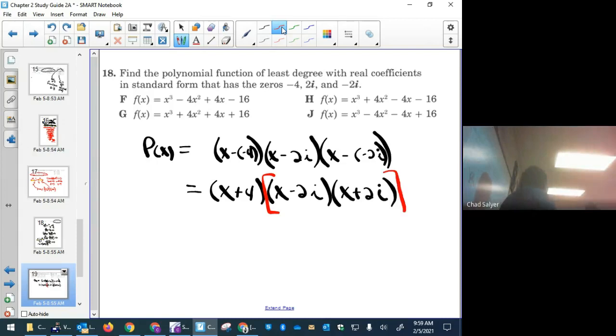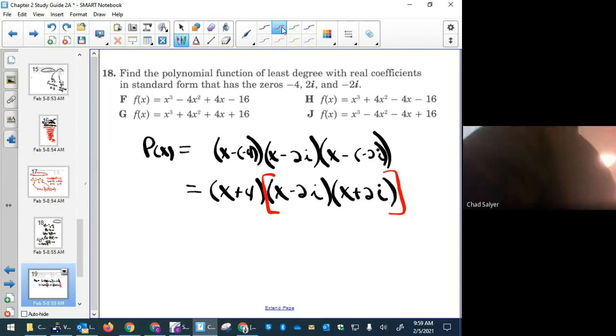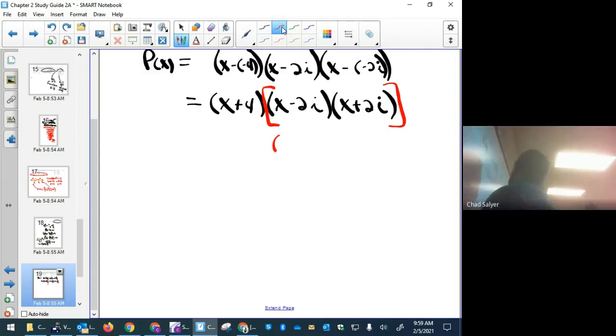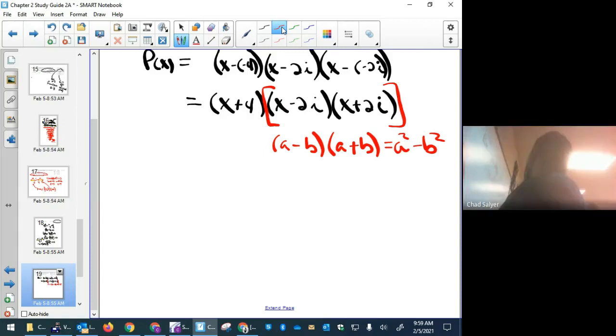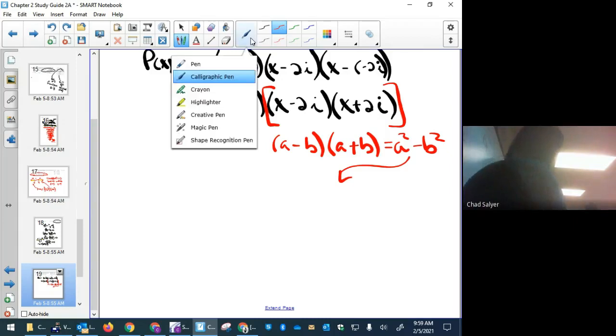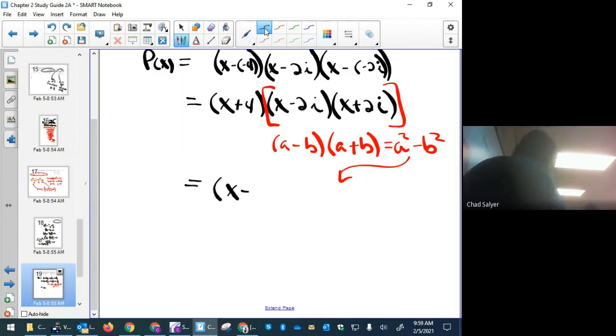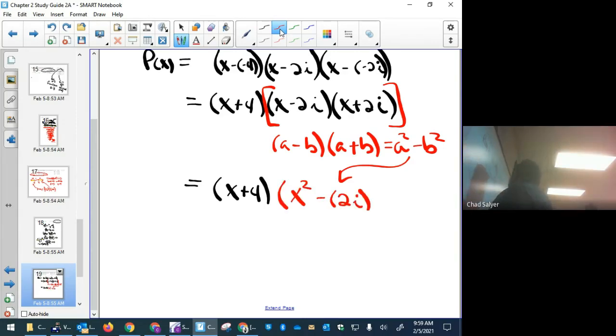So I'm going to choose to multiply these rightmost two factors together first because they've got a certain pattern. Do you remember that a minus b times a plus b is a squared minus b squared? That's the formula from algebra 2. So I'm going to use that shortcut to rewrite that term. This is going to be x squared minus 2i squared.